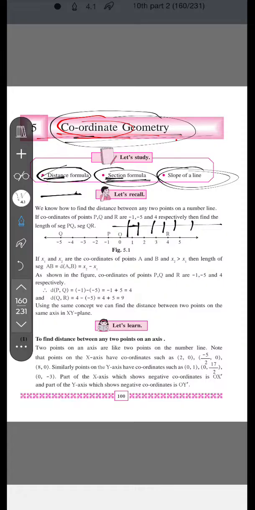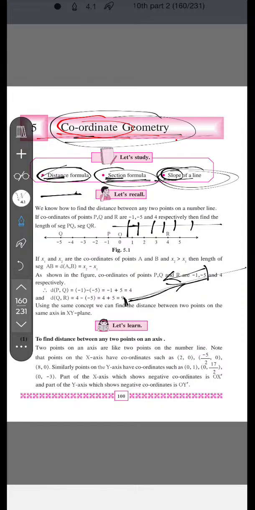Now what is the slope of the line? Simply see, this is the line, it is in increasing form. From here if you observe, it is increasing, and from here it is decreasing. That term is nothing but slope. We can measure that increase and decrease or inclination, and that term is the slope of the line.